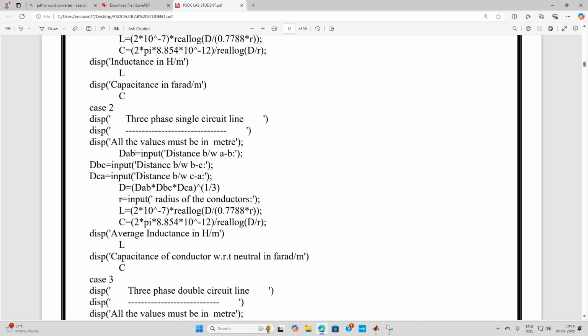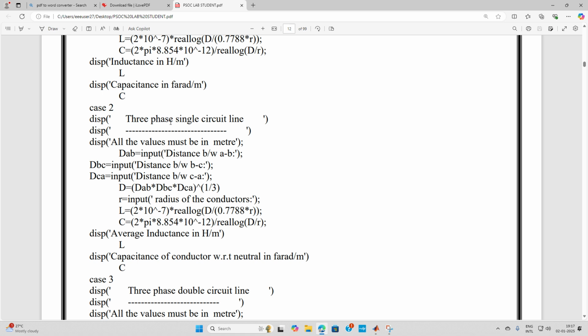So here DAB is the input distance between A and B. Similarly, DBC is the input distance between B and C. Similarly, DCA is the input distance between conductor C and conductor A. So D is equal to DAB into DBC into DCA, power 1 by 3. Here R is equal to the radius of the conductor.